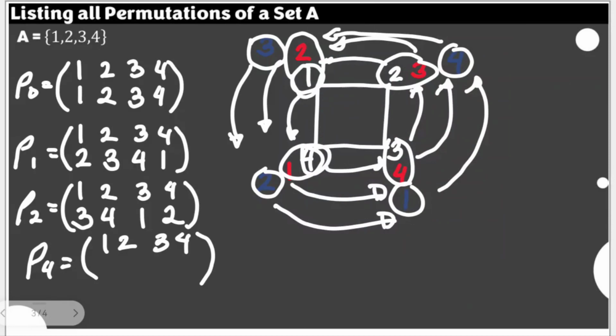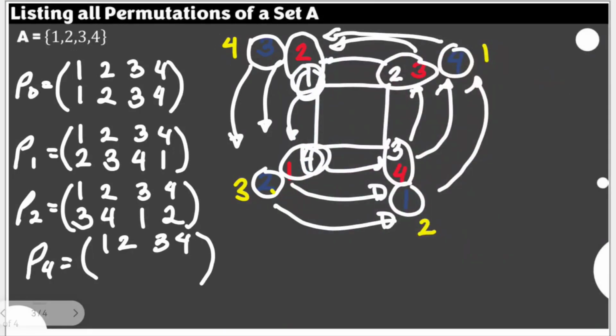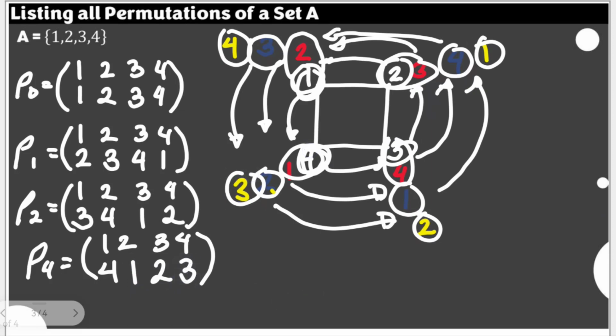So your 3 is now placed here, 2 is now placed here, your 1 is placed here, and your 4 is placed here. Using the original vertex, your 1 is now mapped to 4, your 2 is now mapped to 1, your 3 is now mapped to 2, and your 4 is now mapped to 3. This is now your third rotation, but your fourth permutation.